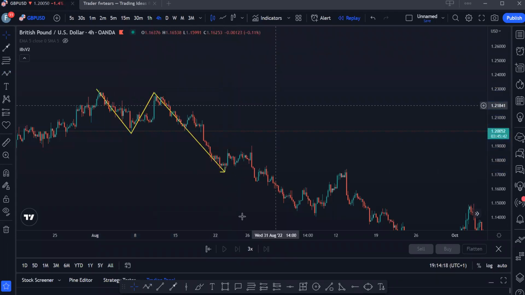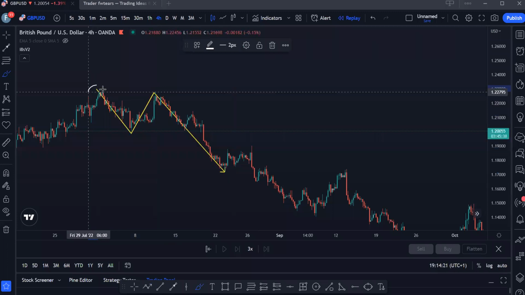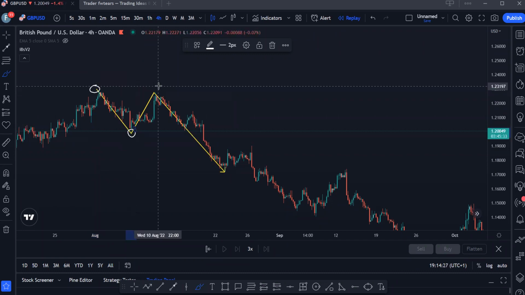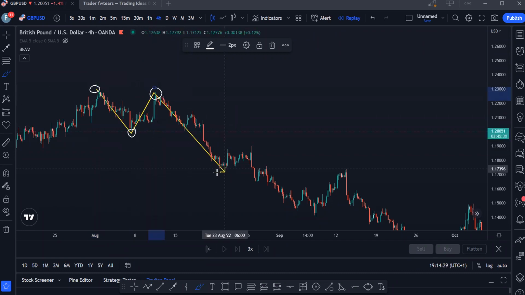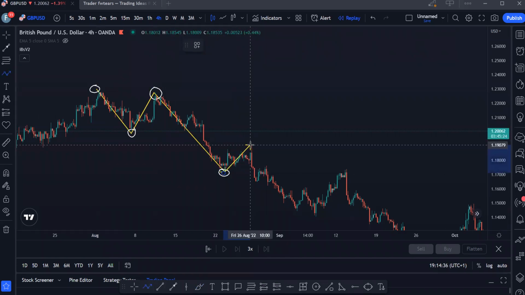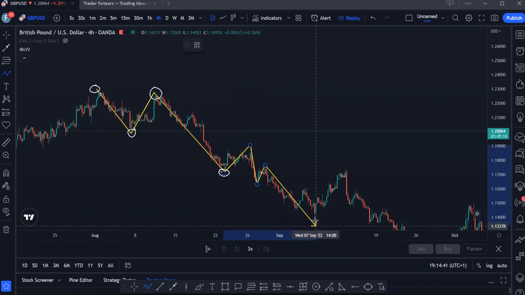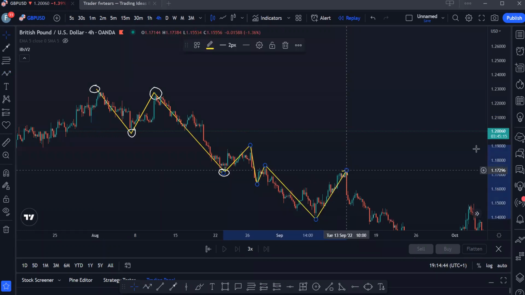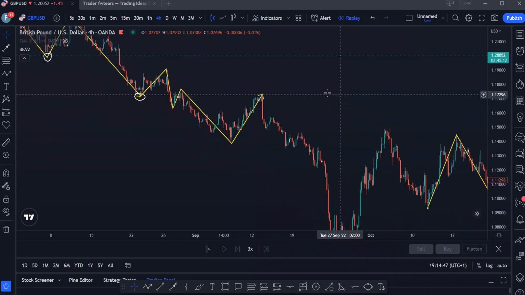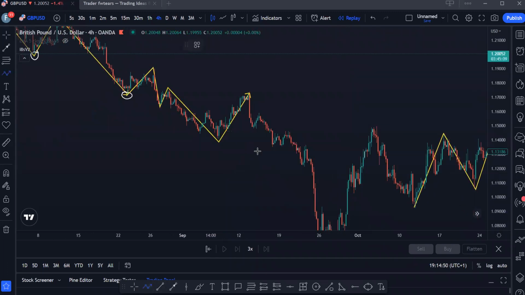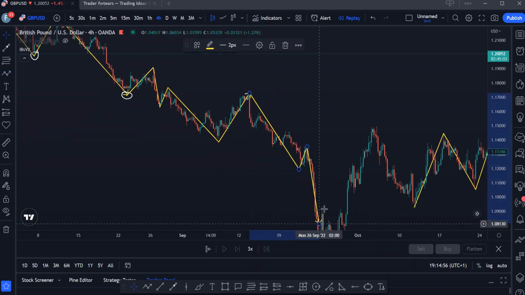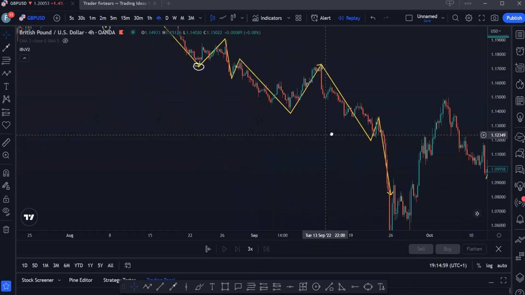Or if you want to go deep, this is lower low, lower high, lower low, lower high, lower low, lower high, lower low, lower high. So price keeps creating lower lows and lower highs. That's how you identify trend.